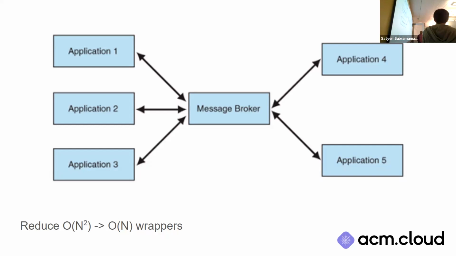And the message broker is message passing between these applications. In other words, before, we might have had to create an adapter from application one to every single other application, and so everything would be directly connected, which is an n squared number of wrappers. However, now we only have to create one adapter for each one of these connections, which only has to interact with our message broker, which is much less work on our end.